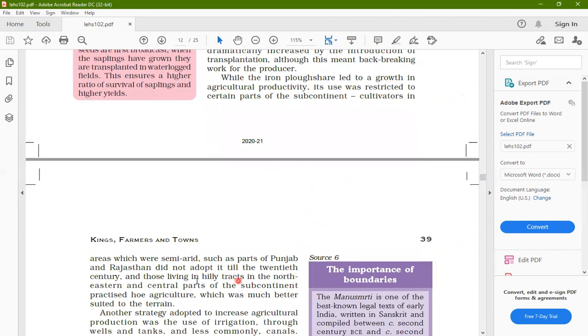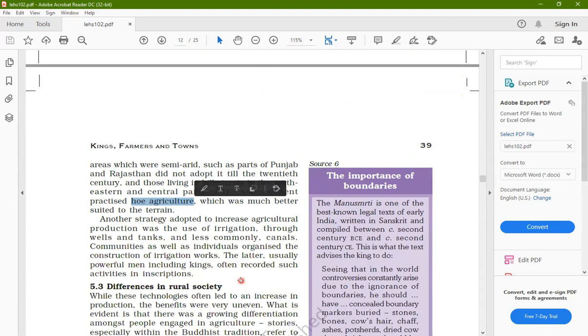Here you can see it. Hoe agriculture is one of the important points, and then we have increased use of irrigation through wells and canals. It is important to note wells and canals because they were less common then. Canals were less commonly used.